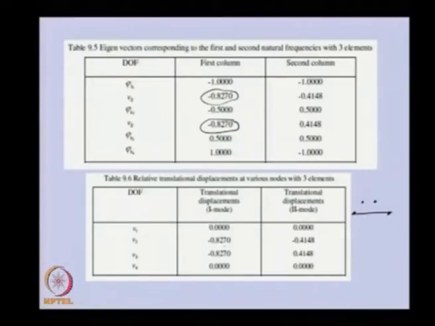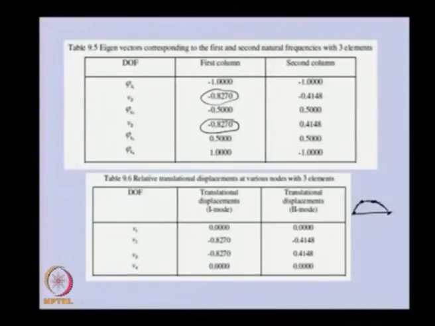In between we can predict the displacement using the shape function, and the shape function is cubic in nature. So we will get something like this for the first mode, but only these intermediate points we know from the finite element method. In between we need to predict using the shape function. So this is for the first mode.